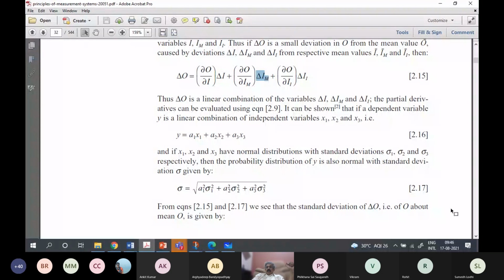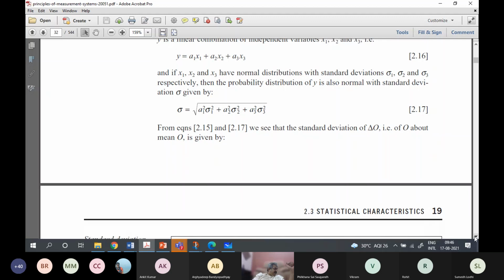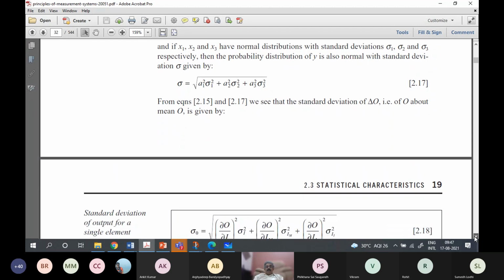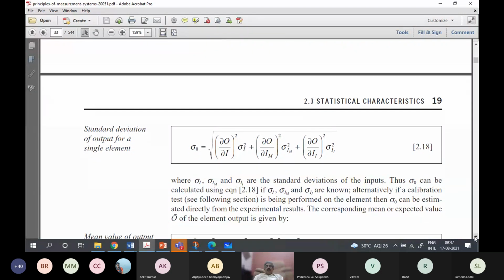So if you happen to do such an analysis, and we are coming to the end of the class and we'll continue, the theory of random variables says that for independent random variables, the output standard deviation can be given in terms of the individual standard deviations by such a formula, which is well known.